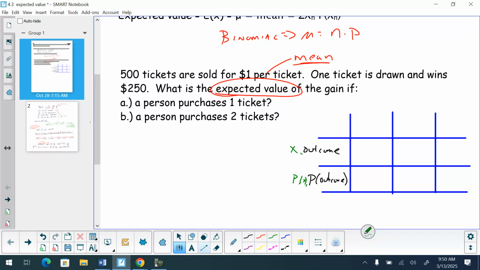Setting up like we've done, we have outcome and probability of outcome. Sample space and probability of a sample space. It's what we've done already. We've set up tables like this. This is an outcome here and the probability of its outcome.